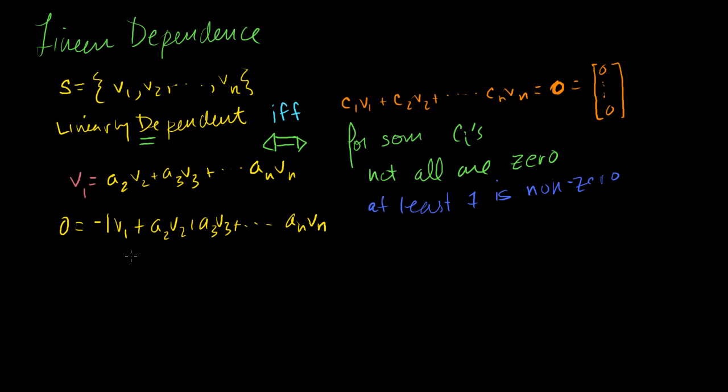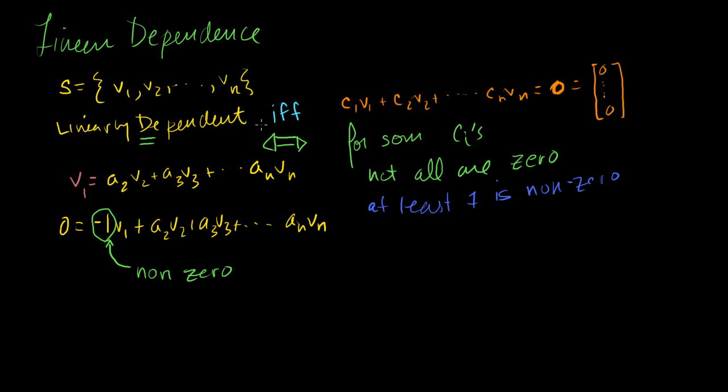Clearly, this is linearly dependent. That means I can represent this vector as a sum of the other vectors, which means that minus 1 times v1 plus some combination of the other vectors is equal to 0, which means I've been able to satisfy this equation, and at least one of my constants is non-zero. So I've shown you that if I can represent one of the vectors by a sum of the other ones, then this condition is definitely going to be true.